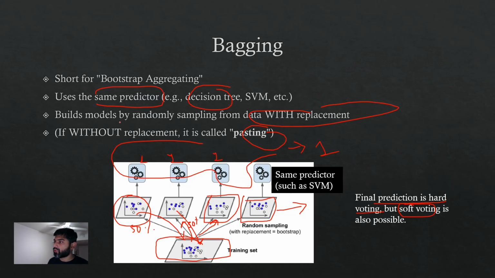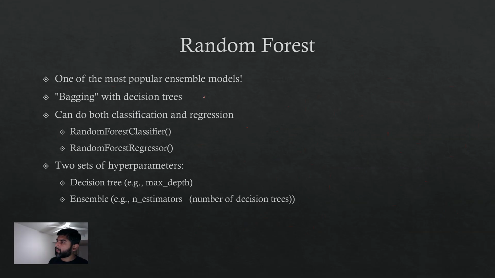Bagging is bootstrap aggregating, by which I mean aggregating the responses of individual models. So bagging of decision trees, making a big bag of decision trees with replacement, is what we call the random forest algorithm.